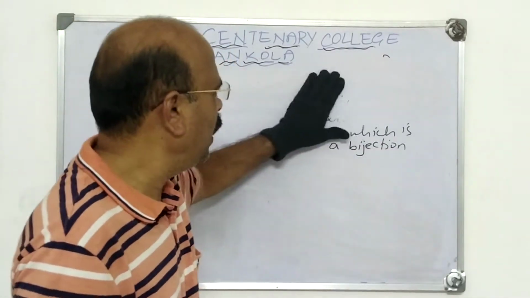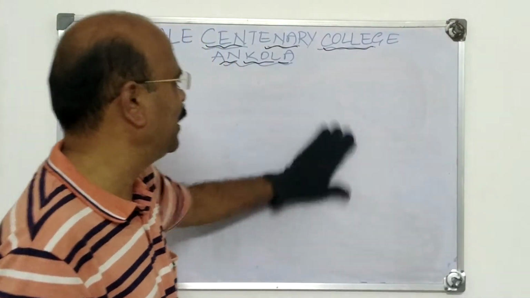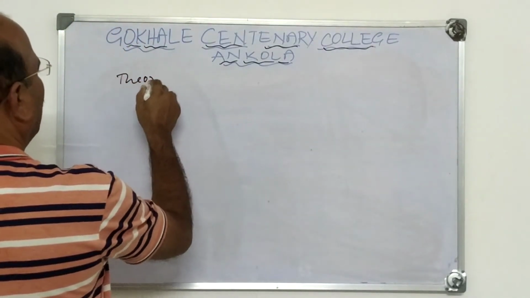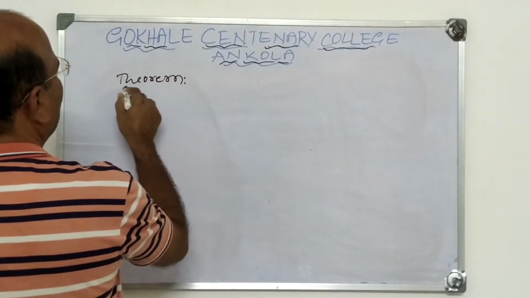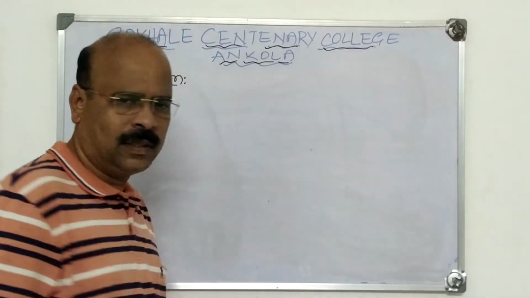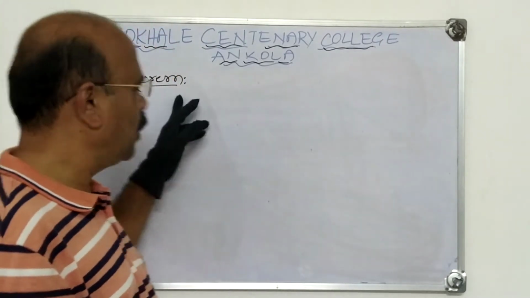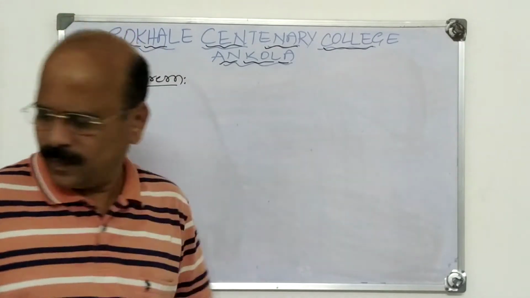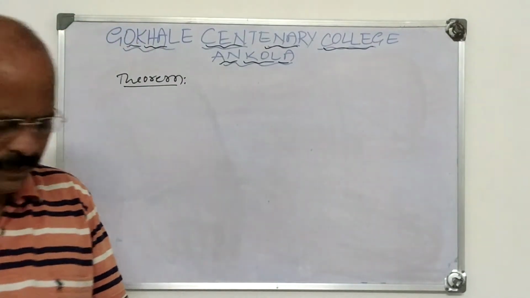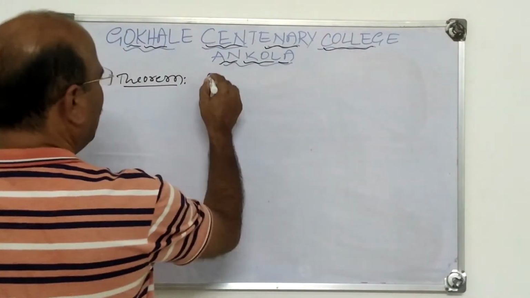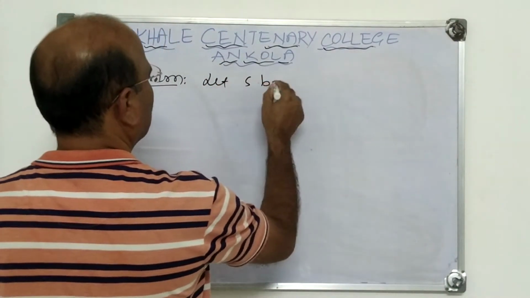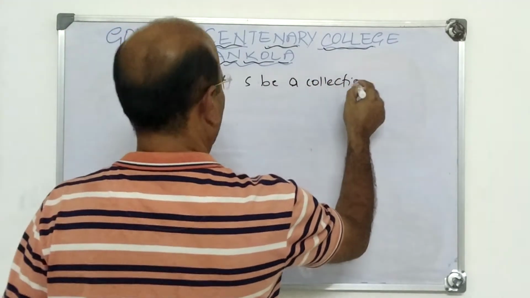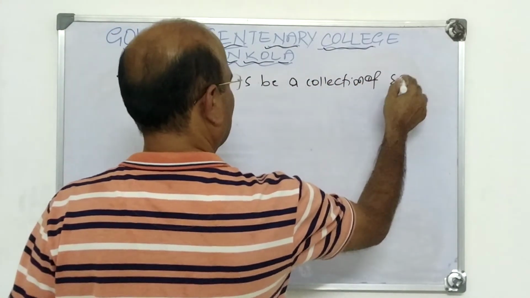Now, I state and prove one theorem here. I hope the definition is clear. All of you have followed the definition. Now, the theorem is like this. Let S be a collection of sets.